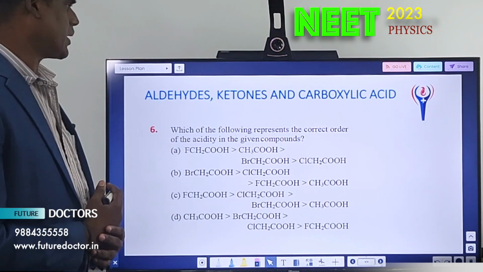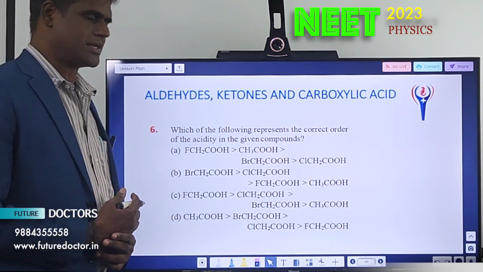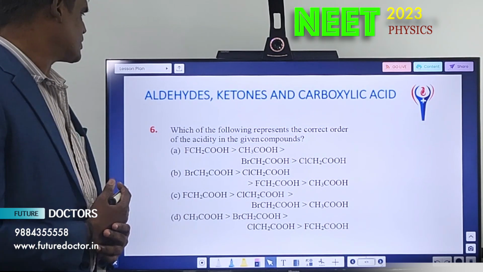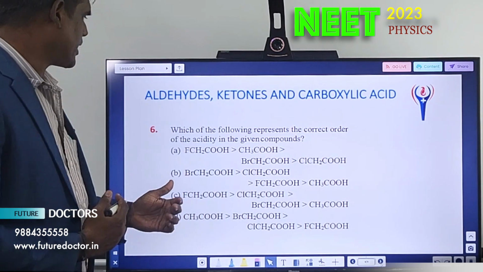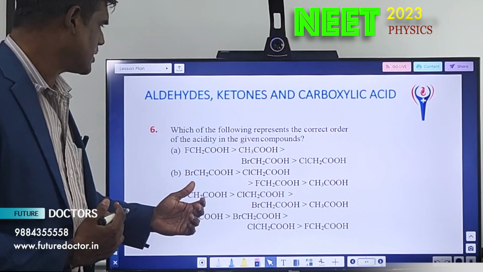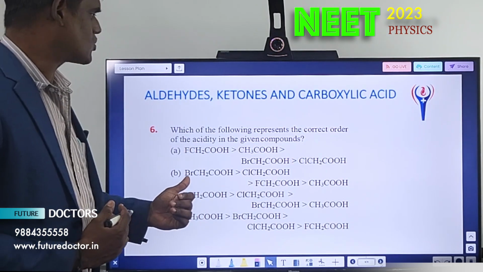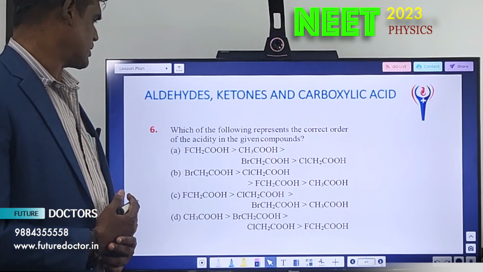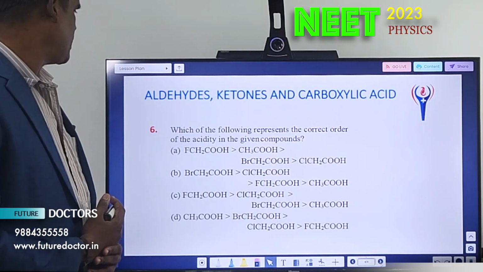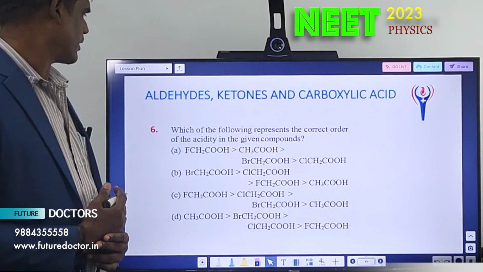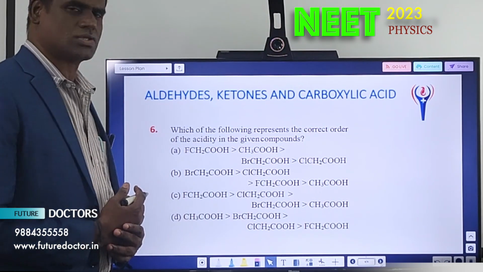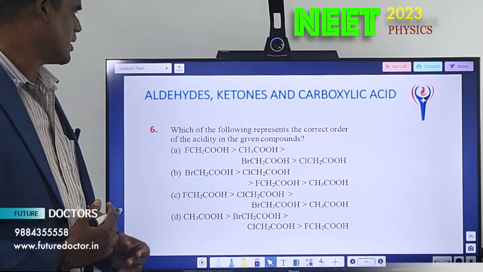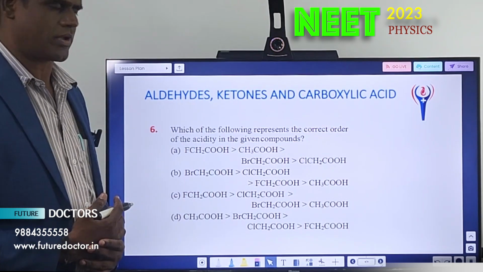Let's move to question number 6. Which of the following represents the correct order of the acidity in the given compounds? Option A, FCH2COOH is greater than CH3COOH greater than BrCH2COOH greater than ClCH2COOH. Option B, BrCH2COOH greater than ClCH2COOH greater than FCH2COOH greater than CH3COOH.